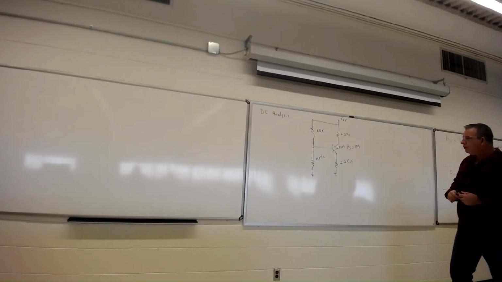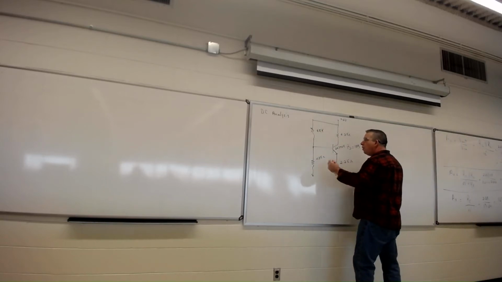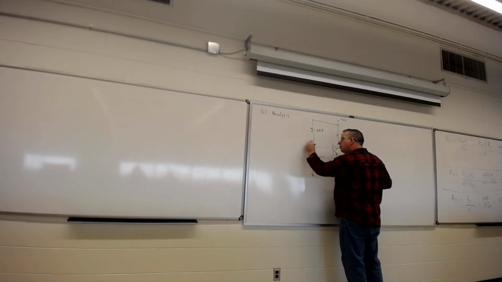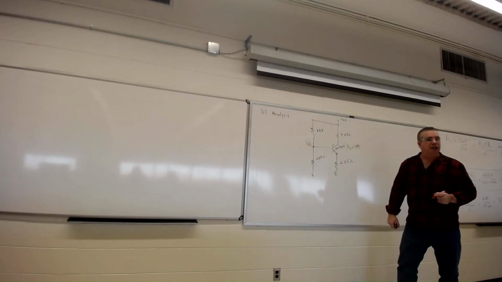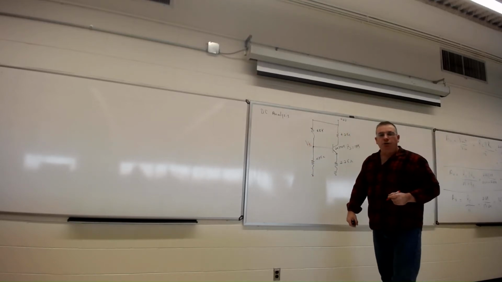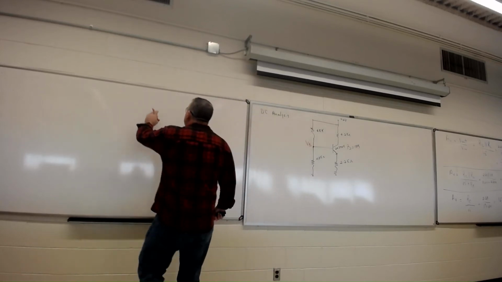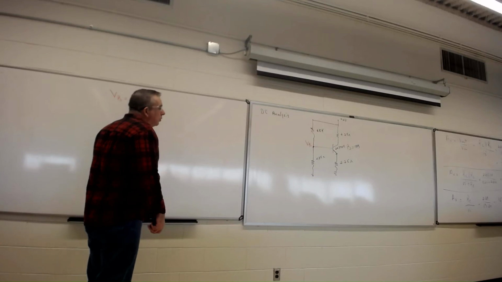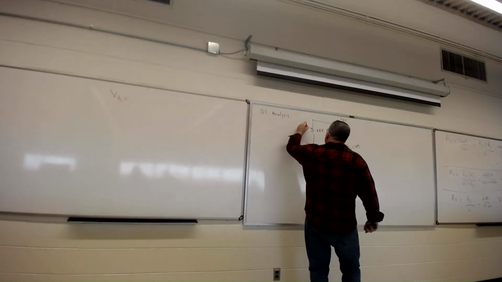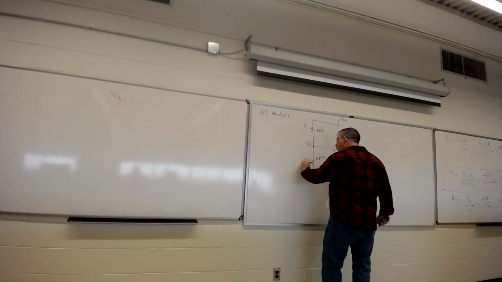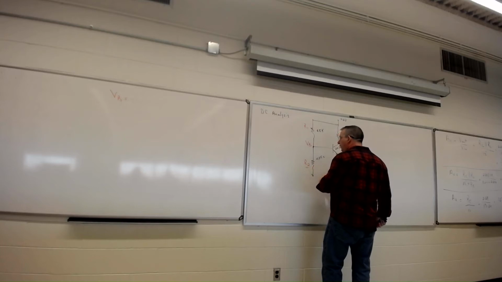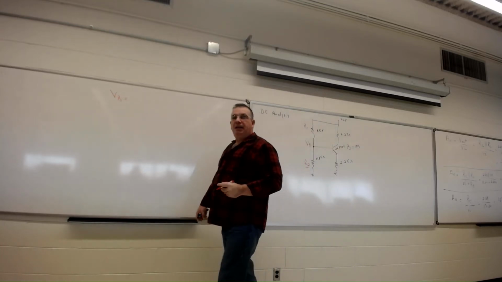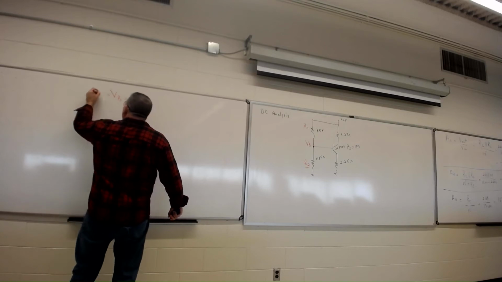So first of all, we've got a voltage divider. What I want to know is the voltage right here at the base. Let's say this is R1 and this is R2. What I'm really looking for, base to ground, is the voltage on this resistor, VR2.